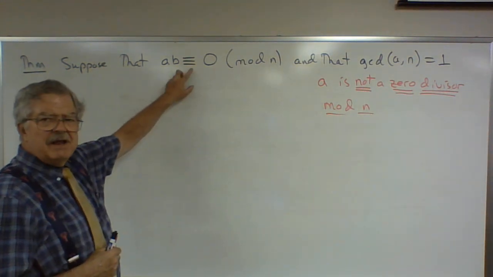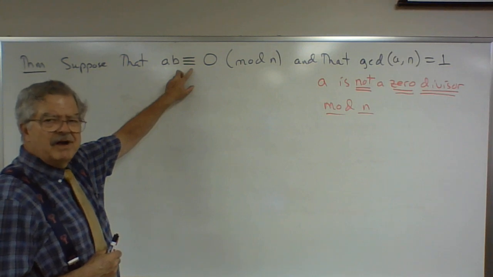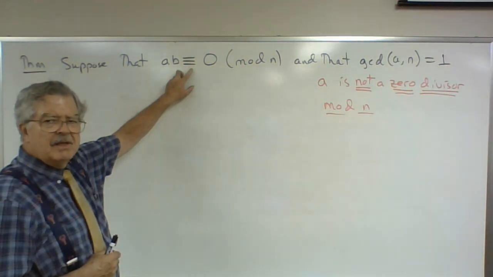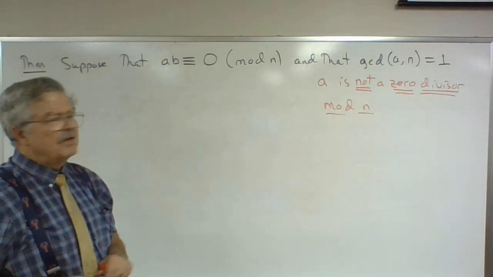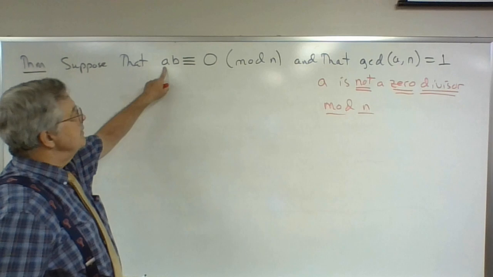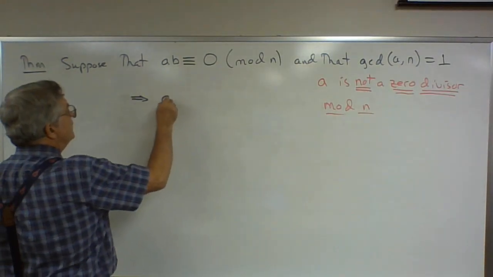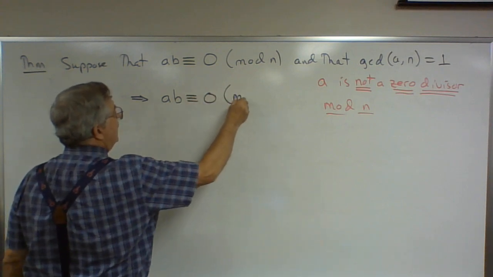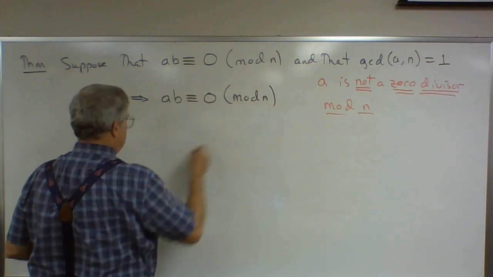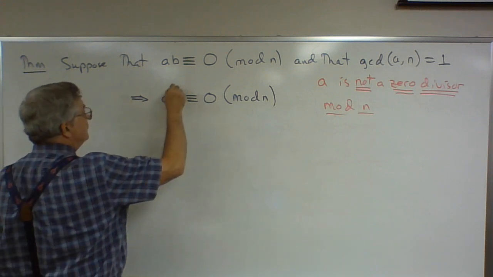Well, we can divide both sides of a congruence by something that's not a zero divisor, right? And that's the first way that we'll look at this. A is not a zero divisor mod n. So this is what we can do. We're going to cancel this guy.